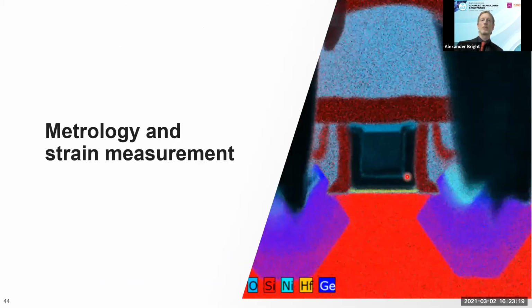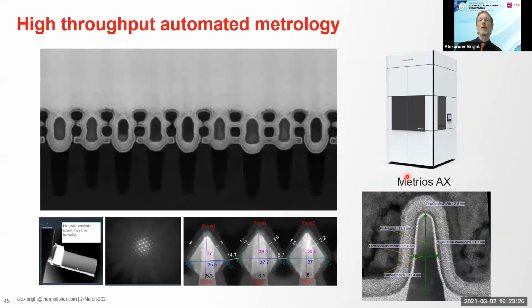So I would like to move to talk about metrology, so measuring features and also measuring strain. All of our STEM and TEM tools now have pretty good accurate measurement capability, but in particular we have focused on the Metrios AX as a system where we really try to optimize both the ease of use and the accuracy of measurement.